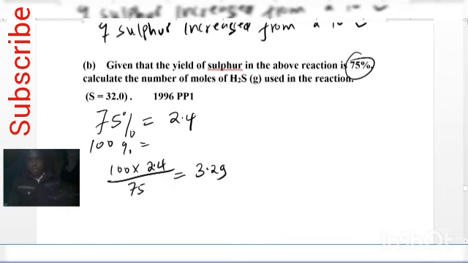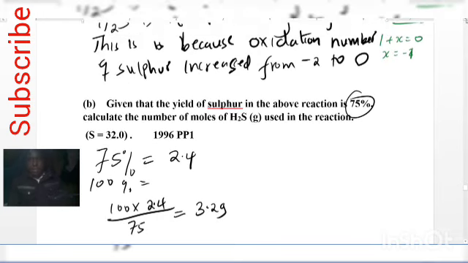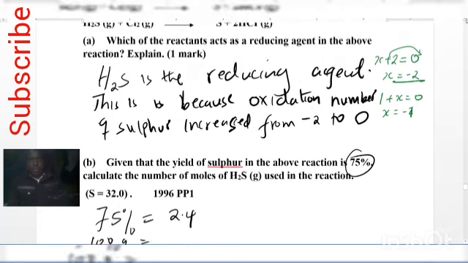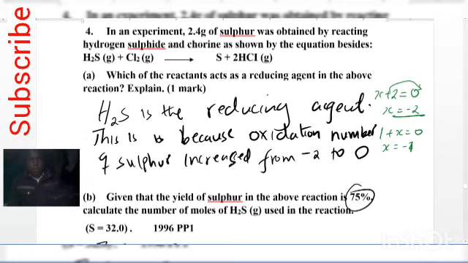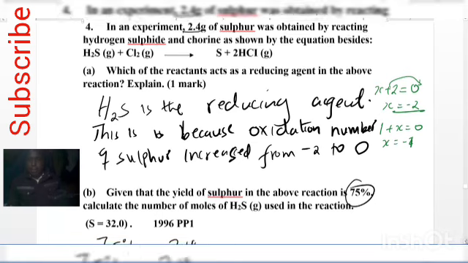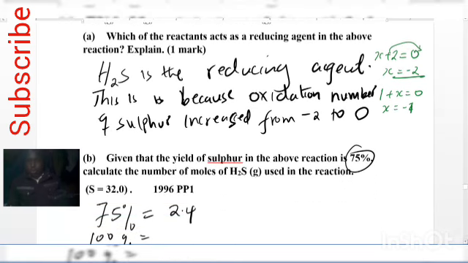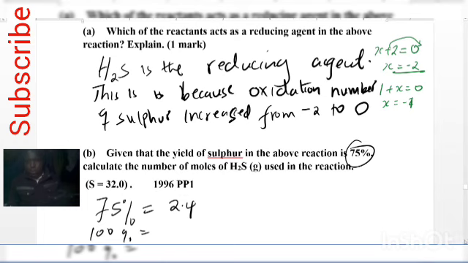What we are using is the information we were given here, that 2.4 of sulfur. So now we are going to calculate the moles of sulfur, because now we have the RAM of sulfur, which is 32, and the total mass, 3.2.